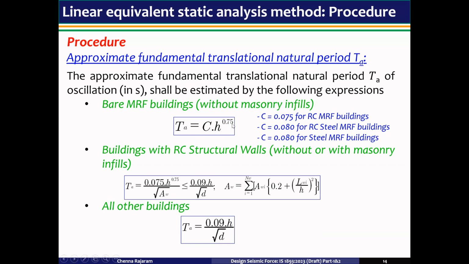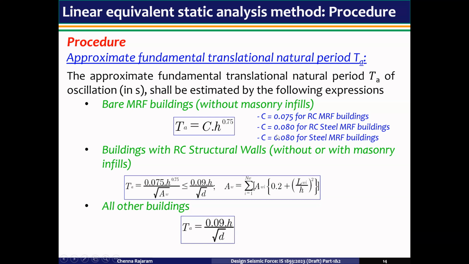to the power of 0.75, where C is the coefficient. For RC moment resisting frame buildings, the value is 0.075. For RC-steel moment resisting frame buildings, the C value is 0.080. And for steel moment resisting frames, the C value is 0.085.